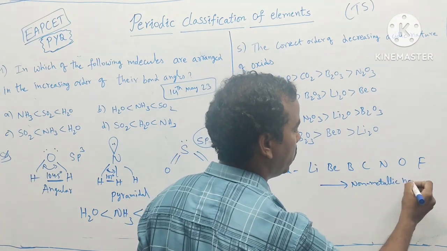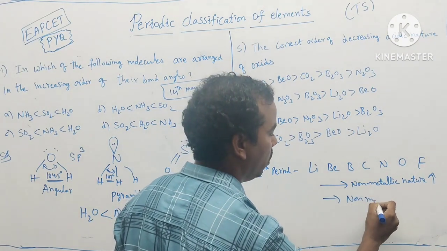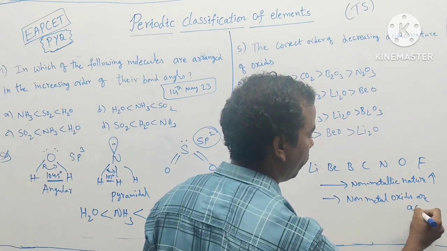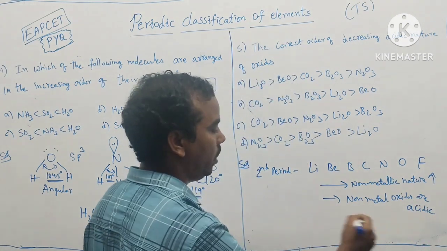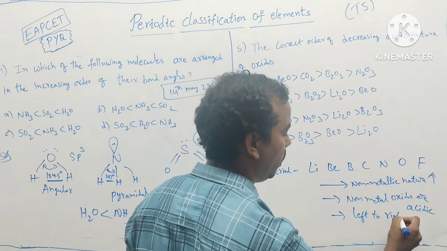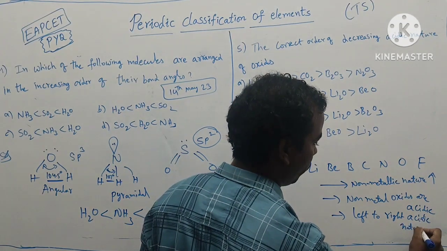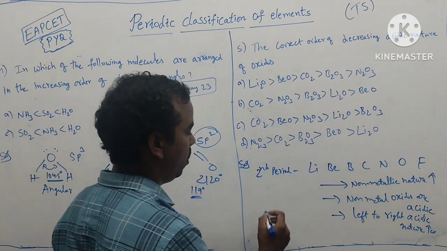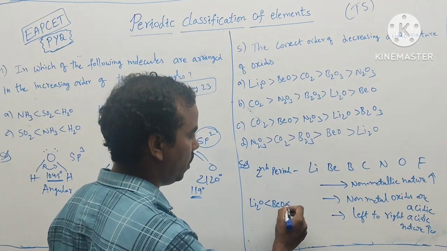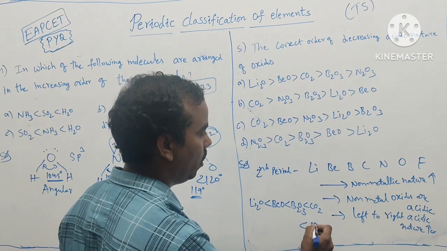Non-metallic nature increases means non-metal oxides are acidic in nature. So acidic nature increases from left to right. So the answer: Li2O is less than BeO, less than B2O3, less than CO2, less than N2O5.